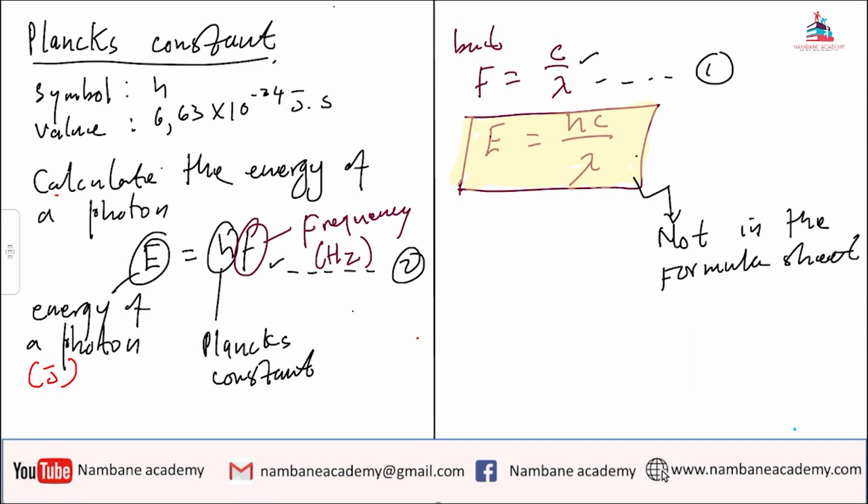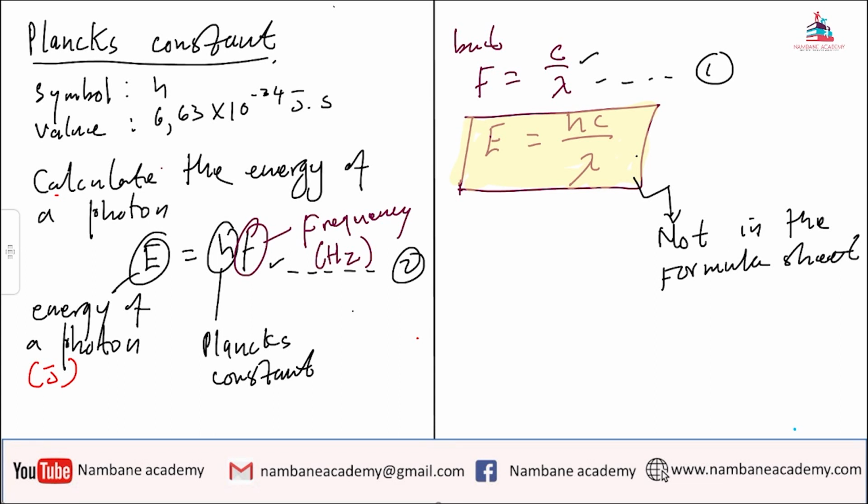I said some questions will be straightforward, which will just need one equation. However, this is an exam. So what do we do in an exam? In an exam, we are going to give you questions that are going to ask you for a multi-step. What is a multi-step, ladies and gentlemen?